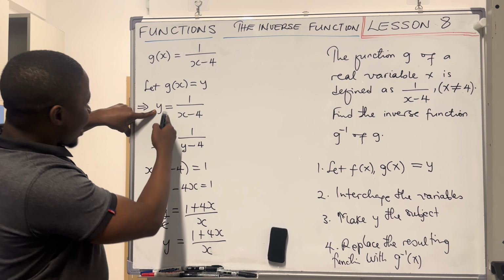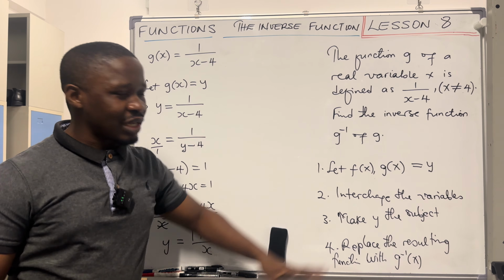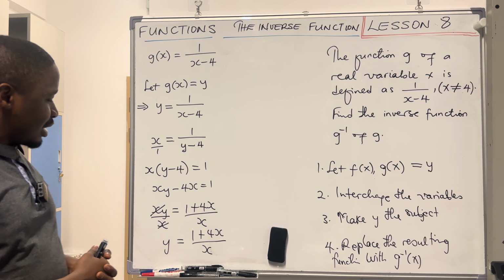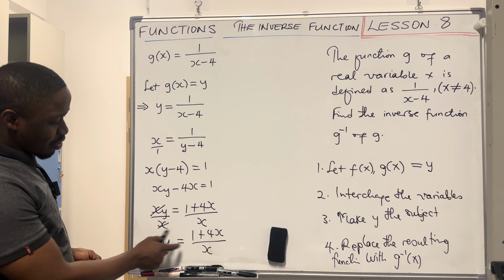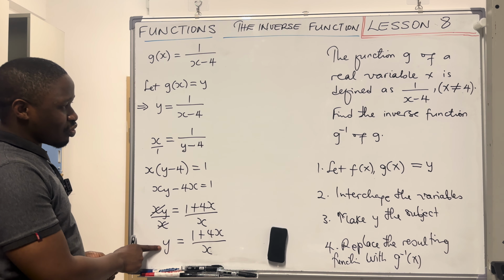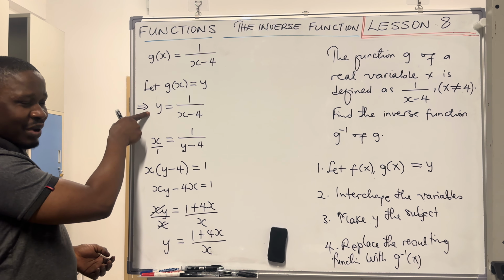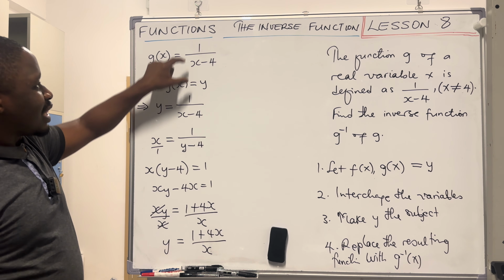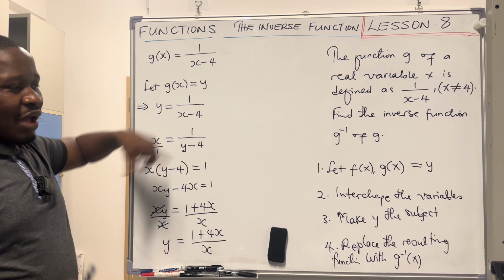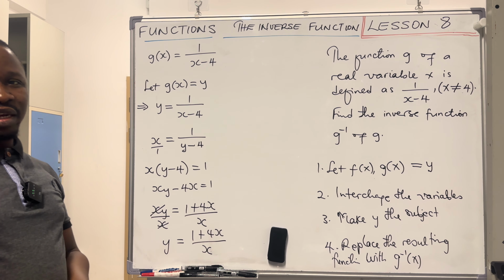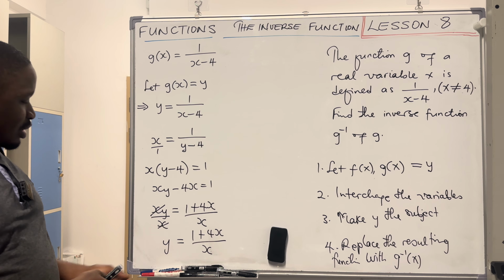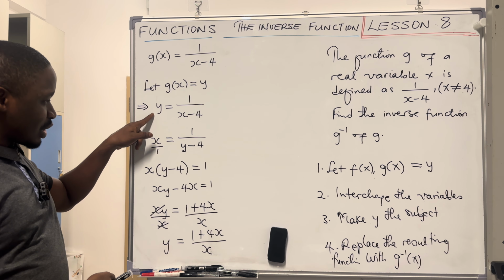And after going through all the steps involved in making this function the inverse, we realize that y is now equal to this. So this y is now not equal to this. This is not the same as this one. This y is representing the original function. So having gone through the steps involved in making the inverse of a function, we realize that this y is not this one.